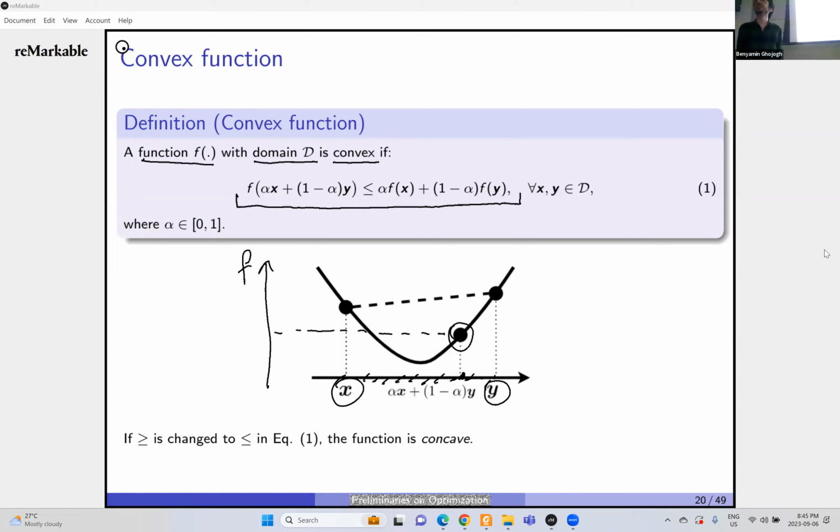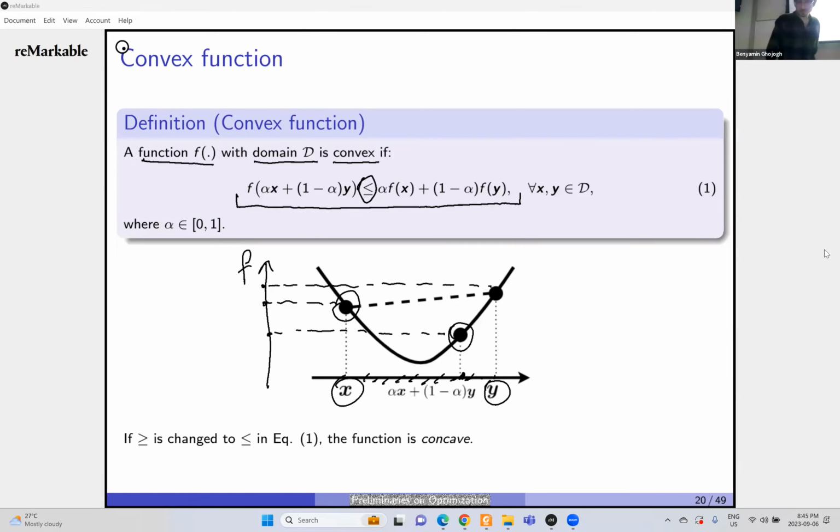Its f must be less than or equal to alpha f of x, so this is f of x, and this is f of y. Alpha times this plus (1 minus alpha) times this should be greater than or equal to this value.